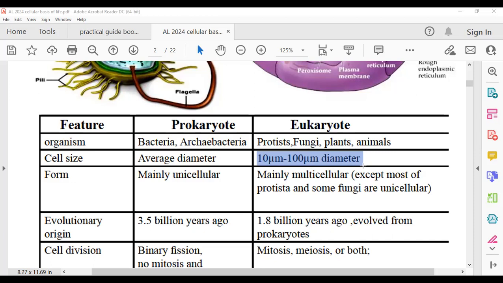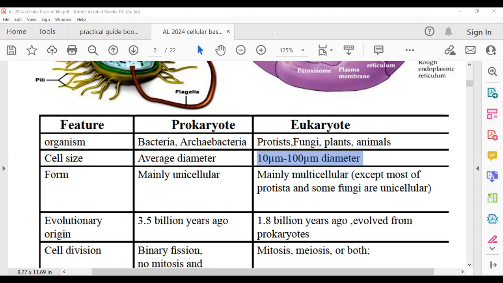Can you understand the cell size? What is the prokaryotic cell size? 0.5 to 5 micrometer.